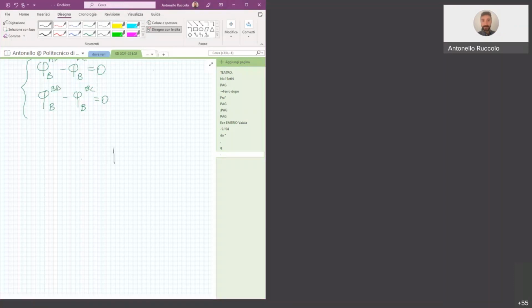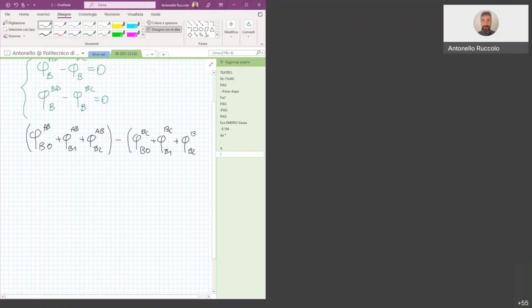So we have phi B0 AB plus phi B1 AB plus phi B2 AB minus phi B0 BC plus phi B1 plus phi B2 is equal to 0. We substitute all the terms.